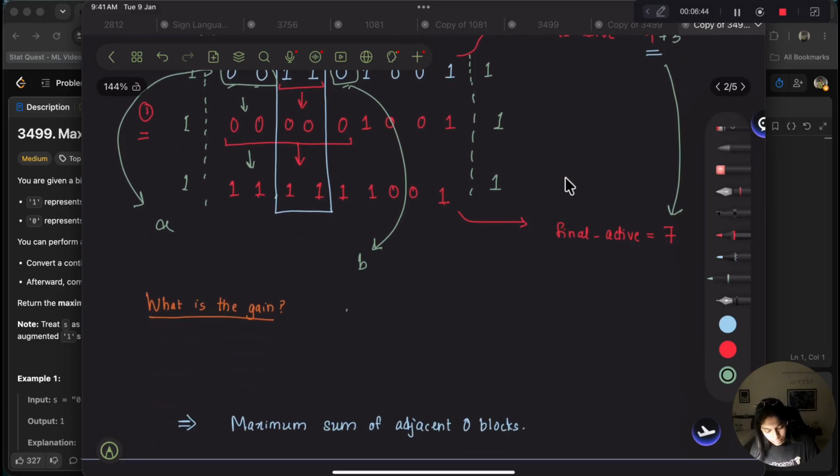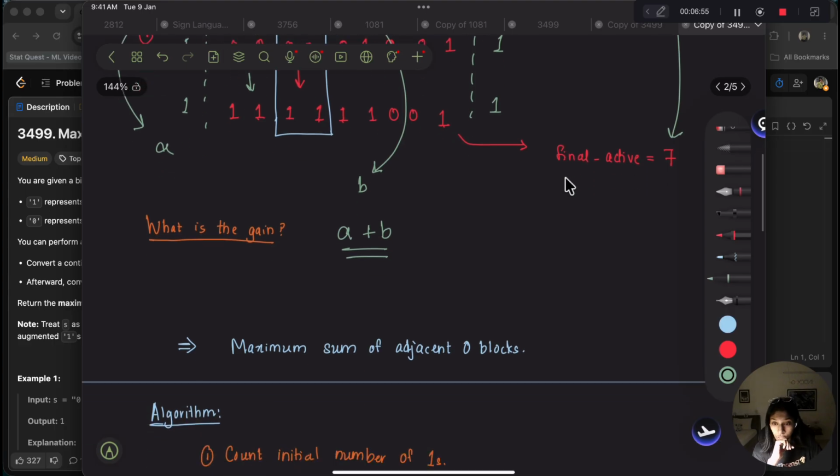So the gain here actually becomes A plus B, and ones don't matter at all. It's just that we're trying to maximize the surrounding zeros that can add up to this. So that's what I've written over here. The goal becomes: we have to find the maximum sum of adjacent zero blocks. All right, so we were able to take this problem and narrow it down to something achievable.